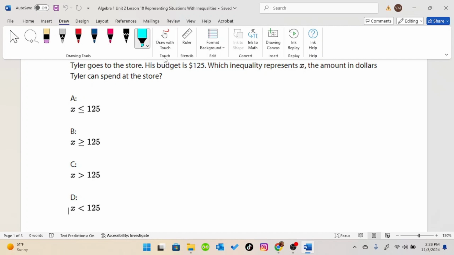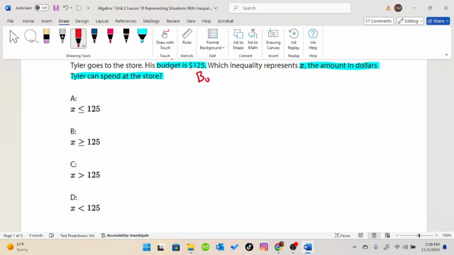So let's point out the important parts. We know that the budget is $125, and we know that X is the amount in dollars Tyler can spend at the store. So a few things here.